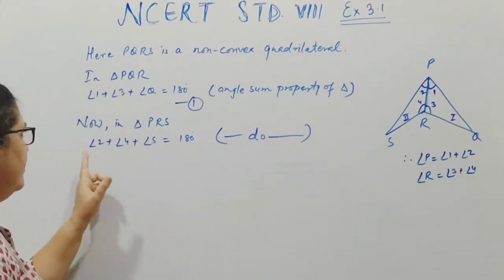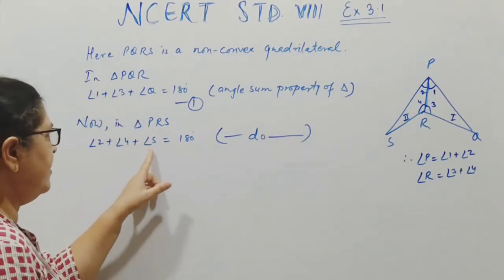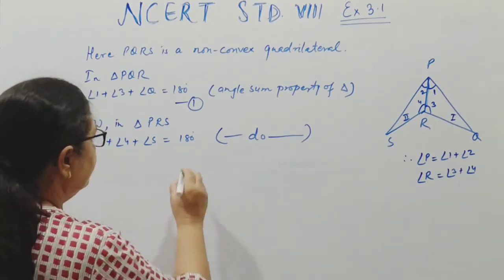Now in triangle PRS, angle 2 plus angle 4 plus angle S is equal to 180 degrees, same angle sum property of triangle.